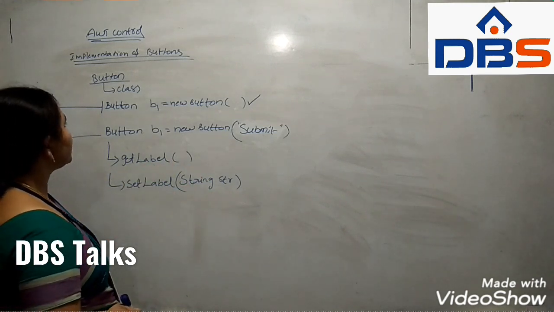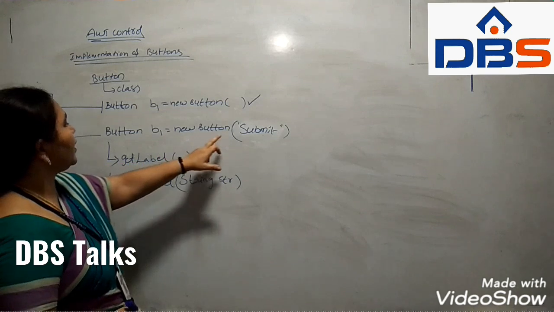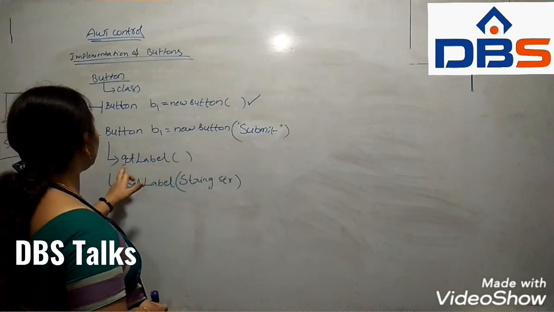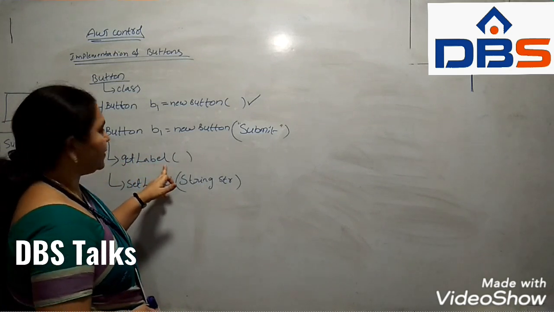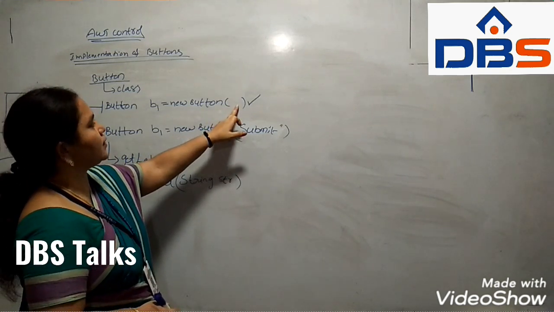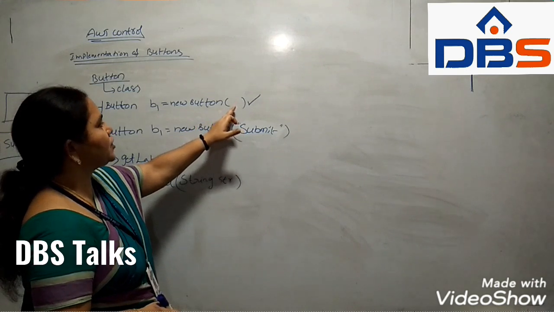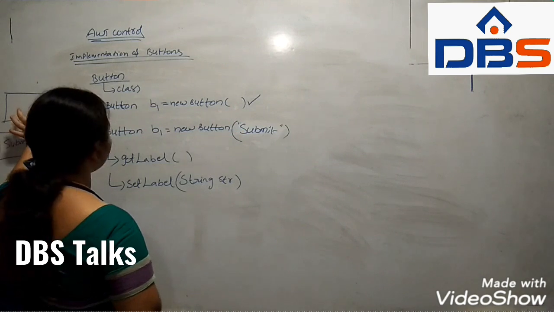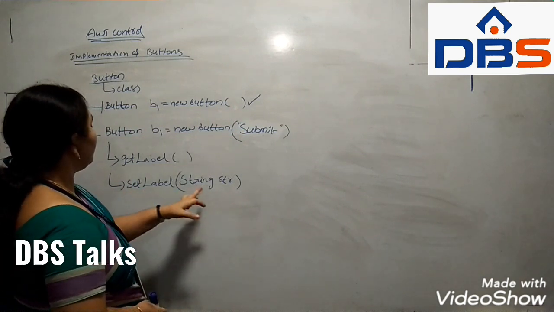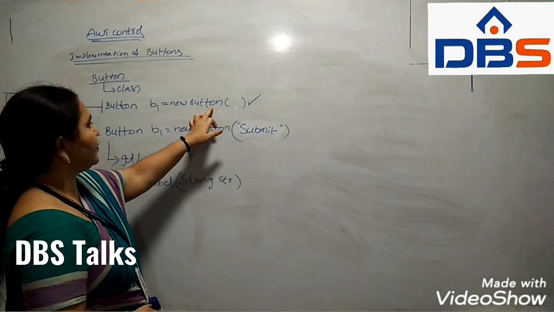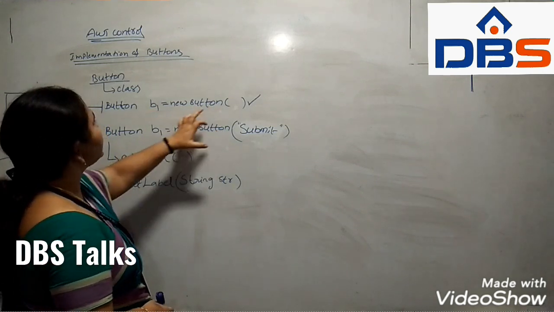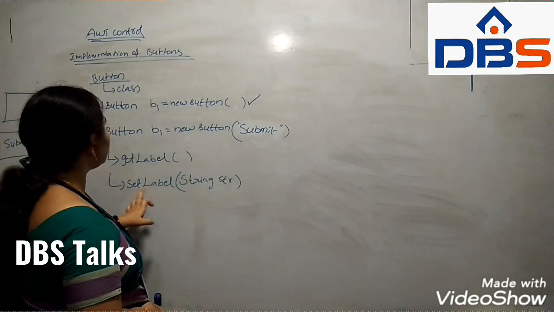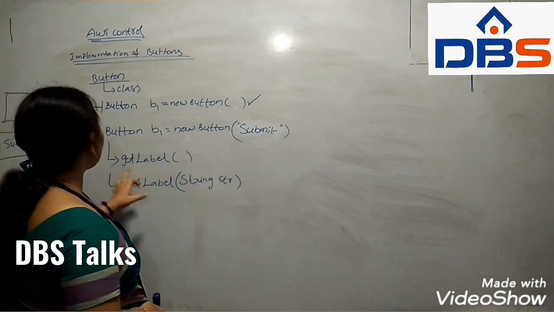The getLabel method is used when we already have a statement with text and we want to get that text. When there is no text, no label, no information on the button, we want to set the information on this particular button, so we use the setLabel method.